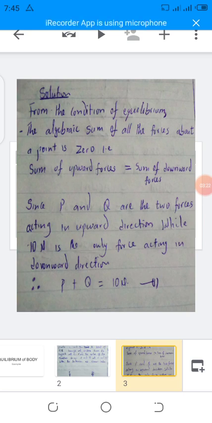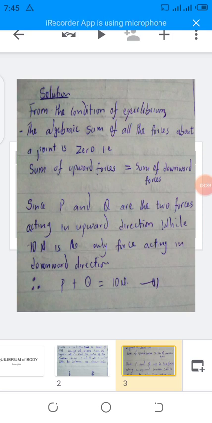That is why we call it equilibrium. The object must be at what? A resting position. Which means the forces acting upward must be equal to the forces acting downward if the object must be at peace, at rest.